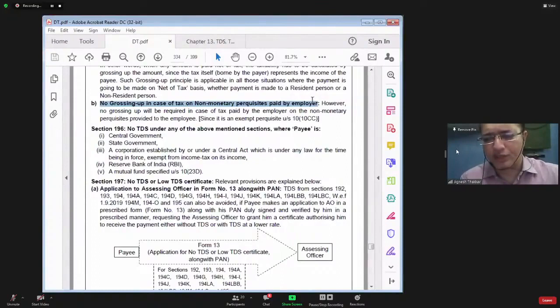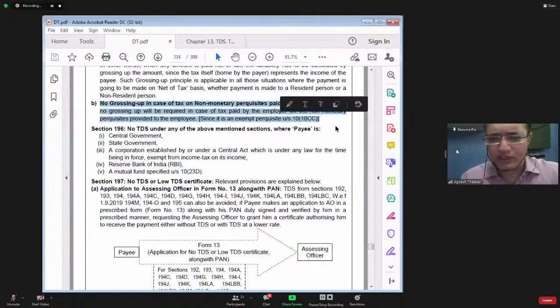On that non-monetary perquisite, whatever is the tax amount is paid by the employer. For the employer, that tax on non-monetary perquisite is an expenditure, but deduction will be disallowed to him as per section 40(a)(v). And that amount of tax will be exempt in the hands of the employee under section 10(10CC). So in this case, you are not required to do any grossing up.